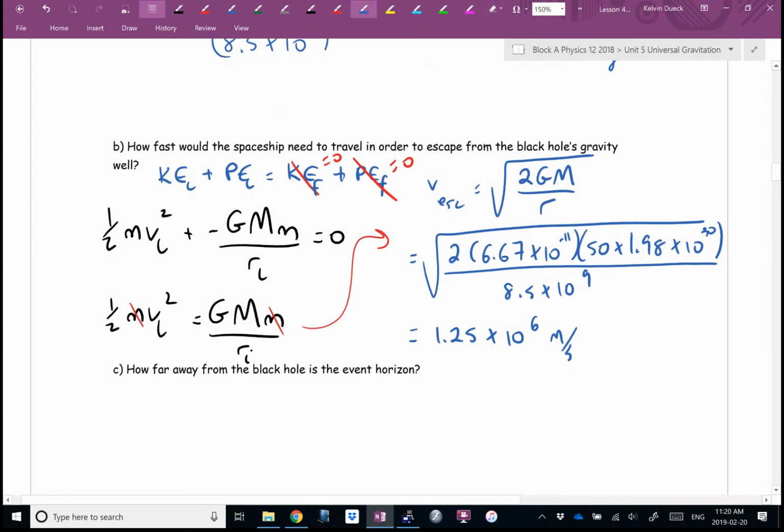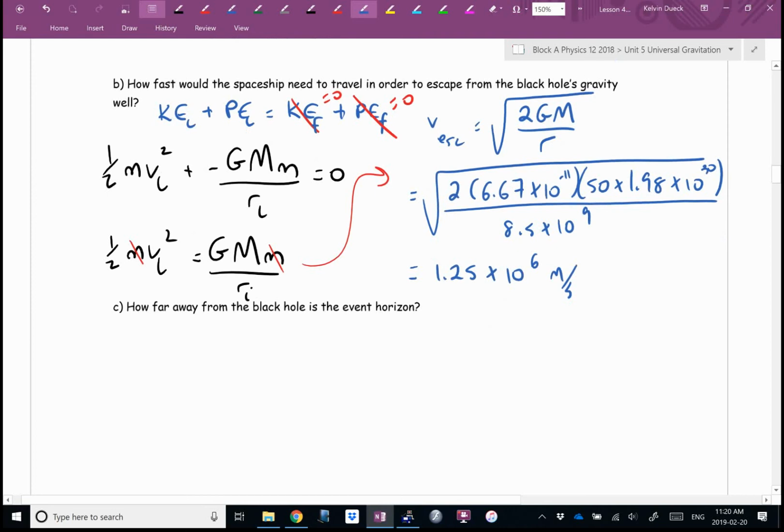What we're going to do is use the escape velocity, and let escape speed equal c. Who remembers from Physics 11 what lowercase c was an abbreviation for? If you let your escape velocity be the speed of light and solve for r, that will tell you where the black hole's event horizon is.